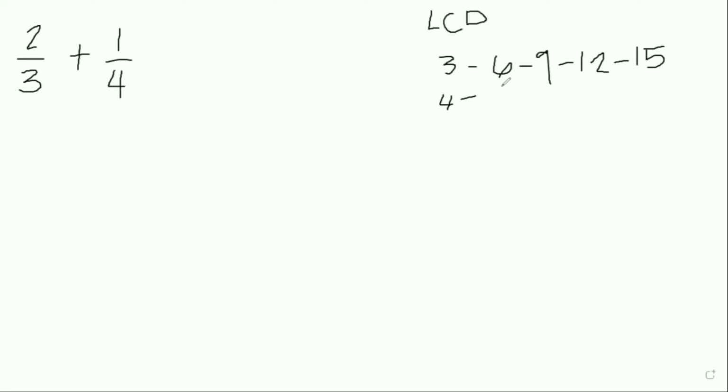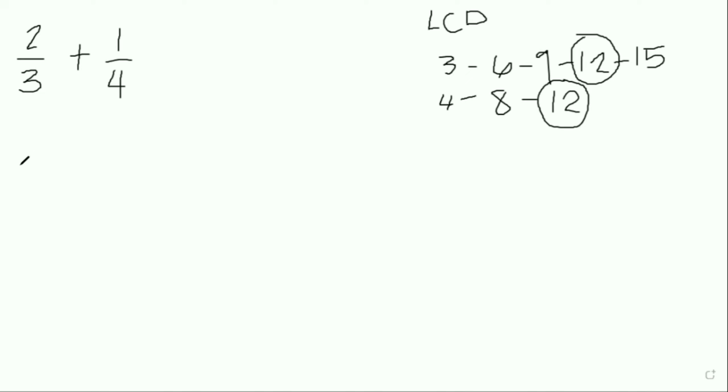So 4, 8, 12. Kung mapapansin natin, nakakita kaagad tayo ng common multiple ng 3 and 4. Tama yung narinig nyo, common multiple, kasi yung pagkuha ng least common denominator is also equivalent to finding the LCM or the least common multiple of the denominators. So the LCD of 2/3 and 1/4 is 12.